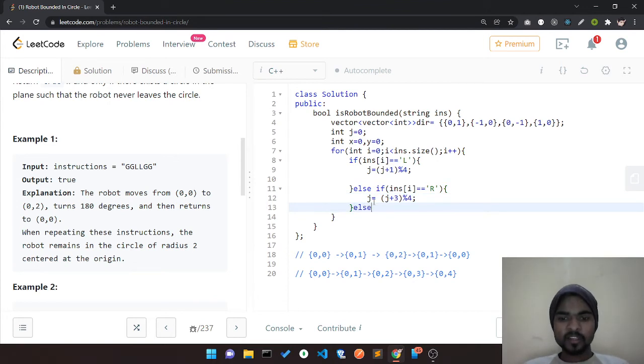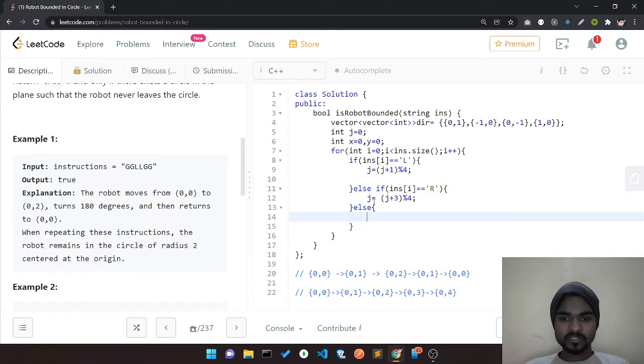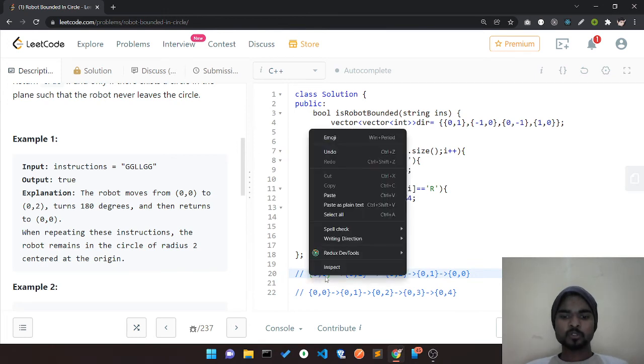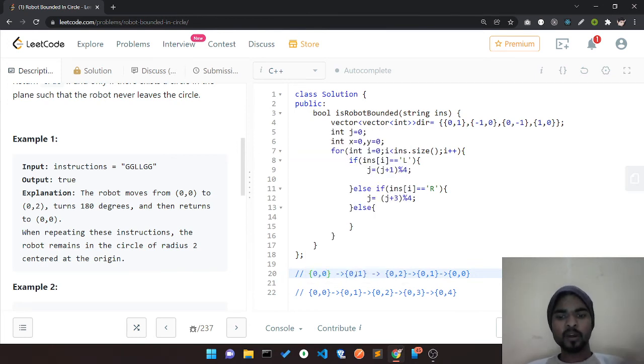And else if I got G, I have to move ahead. Let's say I am on 0 comma 0. So if I got G, how can I move ahead? I'll just move like this. I'm increasing my x in whichever direction I have.